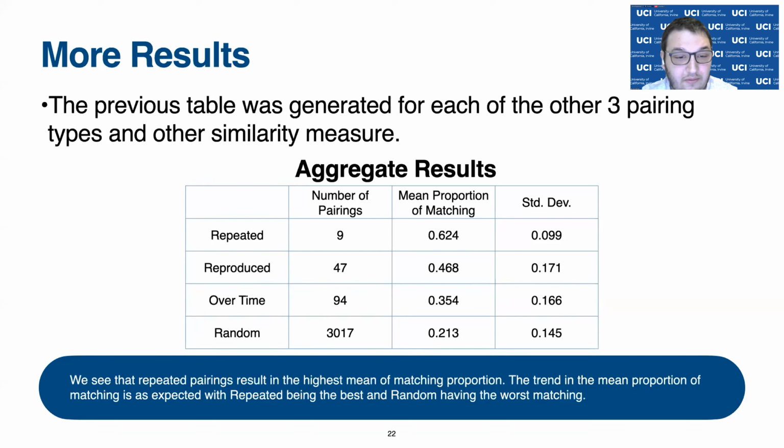So this gives us a few different things. We do see our expected pattern of repeated to random. We would expect repeated, the same person on the same examination, to be able to find the same RACs more often than not. And we expect random to be the lowest mean proportion because these examinations shouldn't have anything to do with each other.